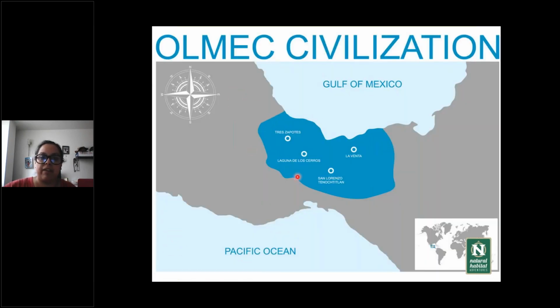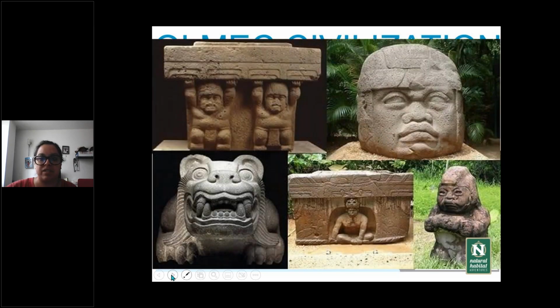In the southern area of Veracruz, we find what we call the Olmec area, where the Olmec civilization settled, and it is considered one of the first founders of Mexican civilization, the Mexican mix that we had back when we had the original pre-Hispanic civilization.